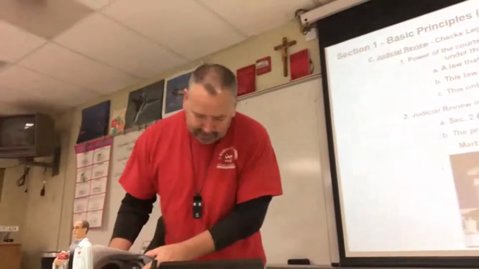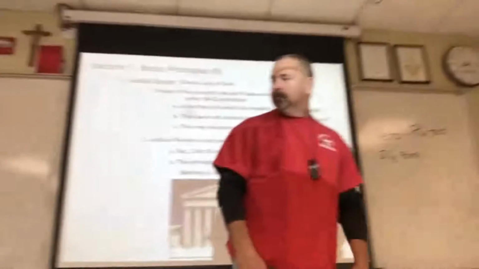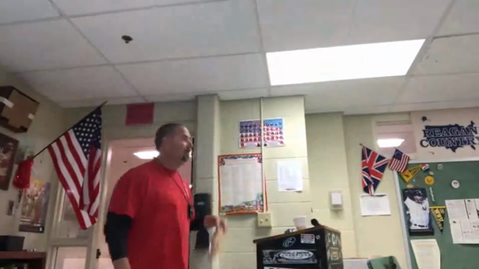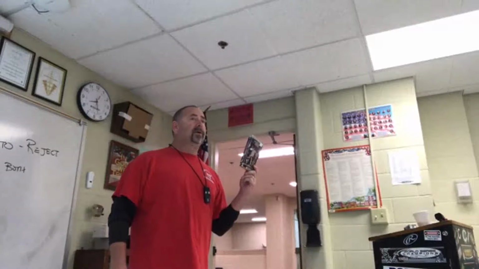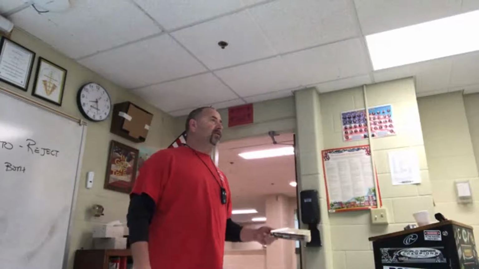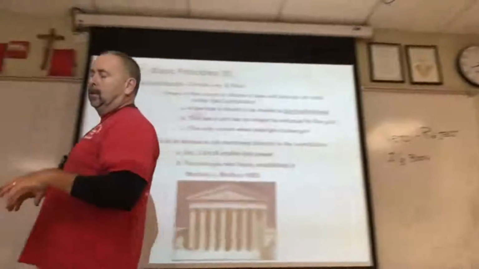Now, as I was saying, originally, judicial review is not mentioned in the Constitution. You know where it's mentioned? It's mentioned in the Federalist Papers. Okay, specifically Federalist number 73, written by Alexander Hamilton. We read 71, we didn't read 73. But in that paper, they talk about this power of the court.